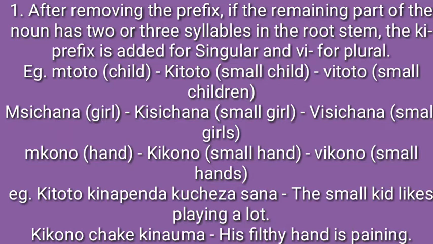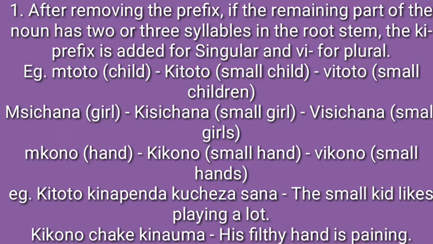Plural, vitoto. Msichana, you remove the prefix m and remain with the root word sichana and add the prefix ki to make it a diminutive, kisichana. Mkono, remove m to leave the root kono and add ki, kikono.